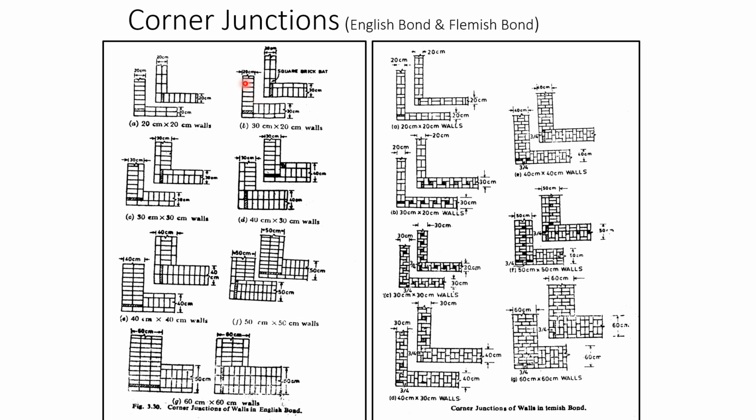Similarly, for a 9-inch with 13-inch wall, heavier walls are shown. This side is shown for the English bond and this side for the Flemish bond, and the rest is up to you. You have to study it by yourself.